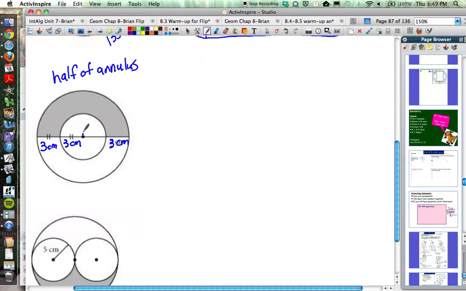So the radius of our large circle is actually going to be 6 centimeters, and the radius of our smaller circle is going to be this 3 centimeters right here. Okay, so that means the area for an annulus, remember, is pi big R squared minus pi little r squared.